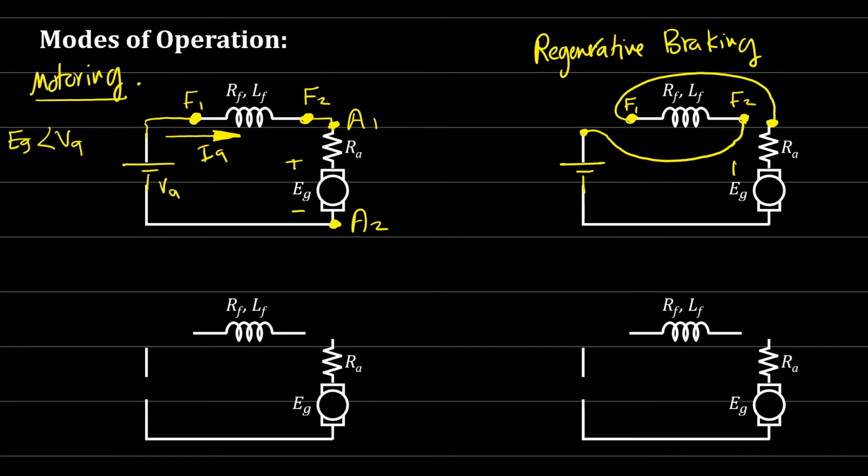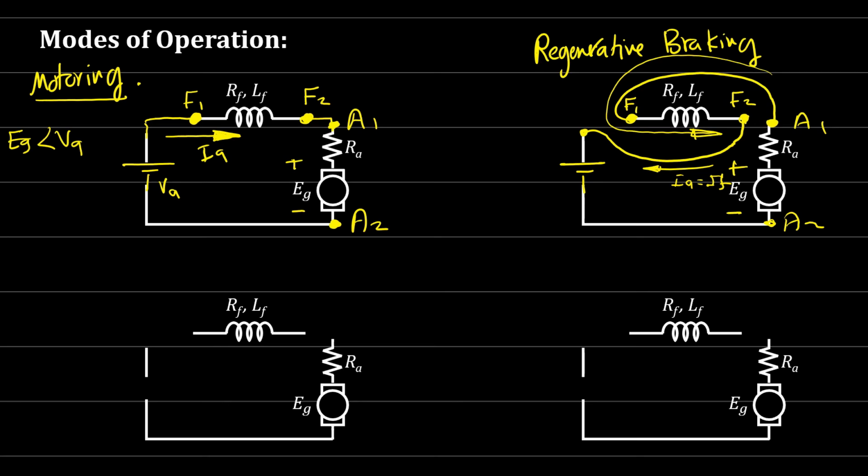And this is plus minus EG, for the regenerative braking, so EG now starts to decrease the speed. So this is A1, this is A2, and the current will be taken from the motor, so this will be moving here. So this IF will be in this direction, and IA, which is equal to IF, in this direction.